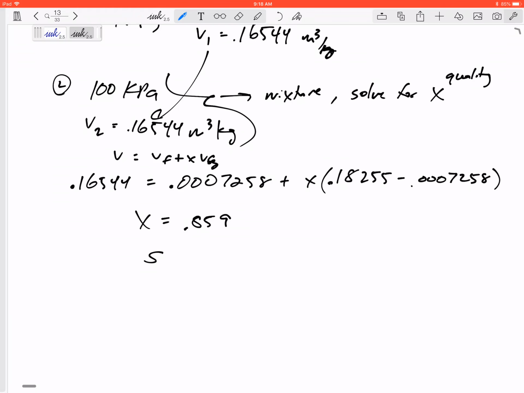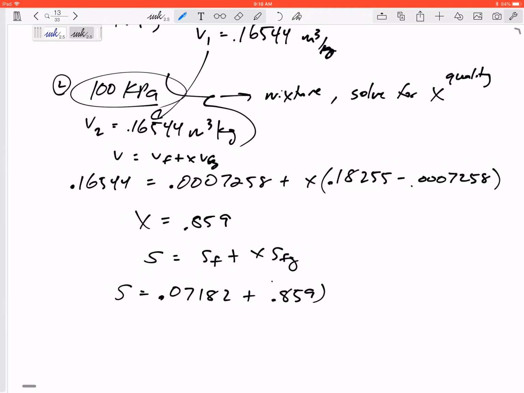For entropy, same equation: S that I'm looking for equals SF plus X SFG. Going to the mixture table for refrigerant at that pressure, whichever one is the pressure table, A11 or A13, I would get S equals 0.07182 plus the quality 0.859 times 0.88008.